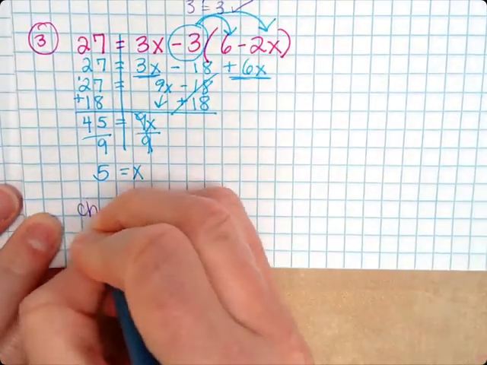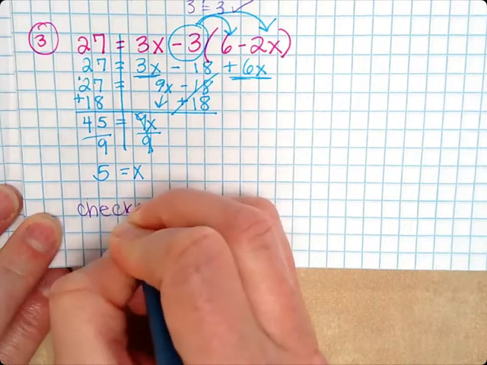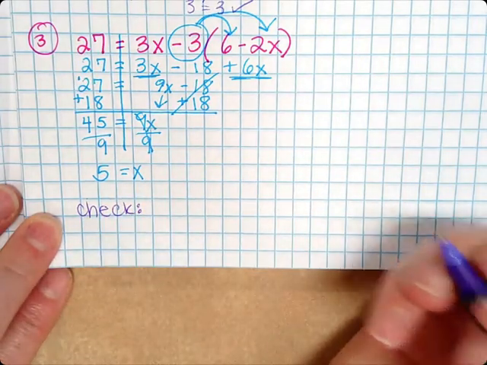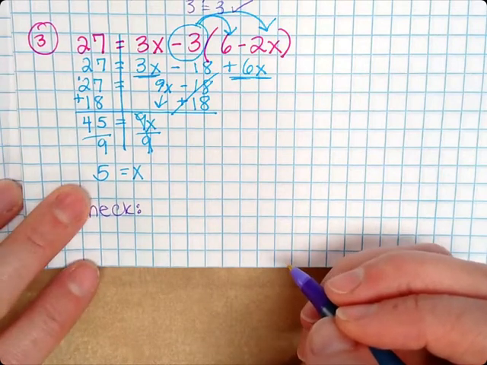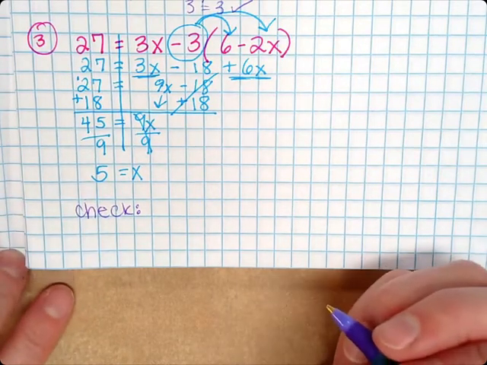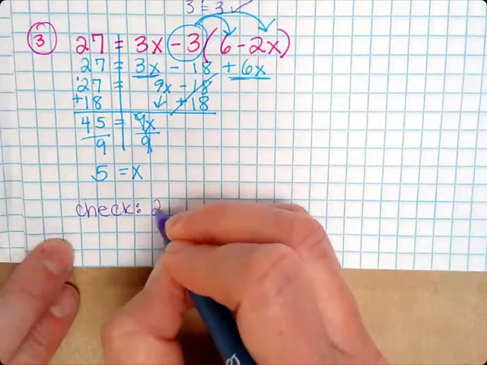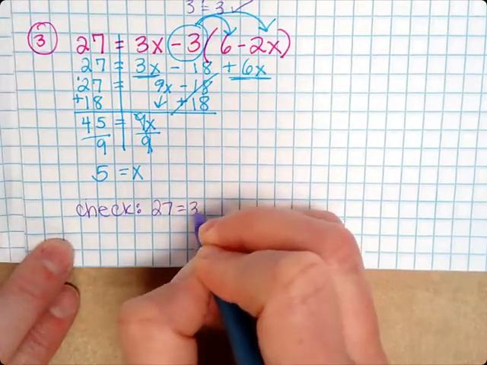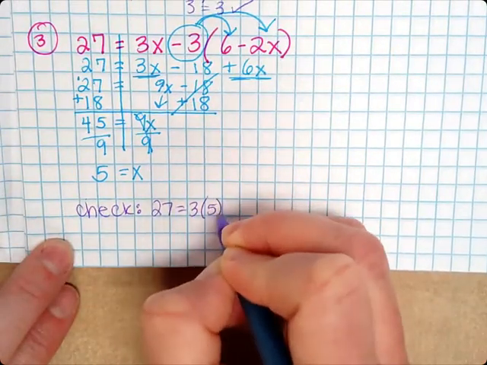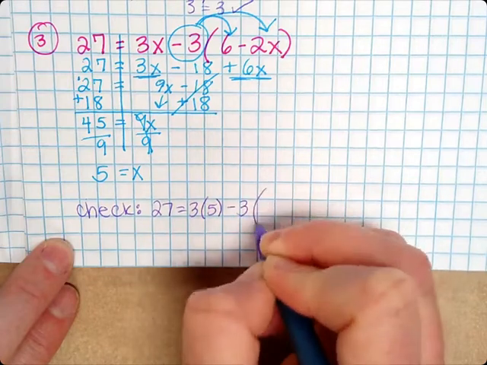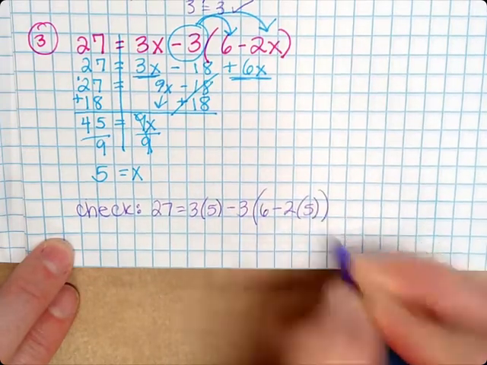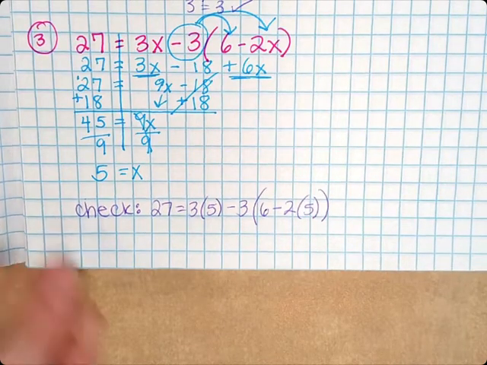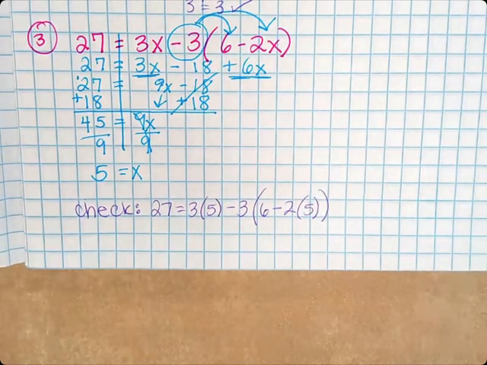Okay, so check your work. So we're going to substitute in 5 everywhere we see the x. And I went ahead and just put the 5 in parentheses because I know if there's parentheses there, there's no operation, it's automatically multiplied.